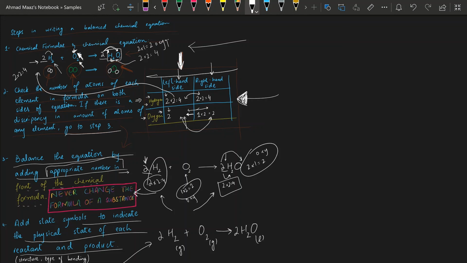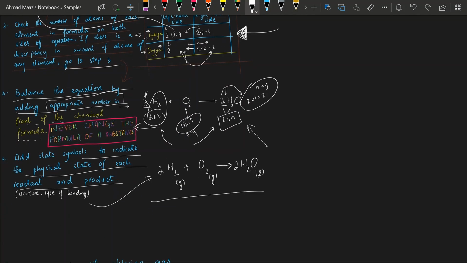You need to add or multiply with a few numbers, and then adjust all the atoms of each element. And finally, when you're sure that all the atoms of all the elements are the same on both the right hand side and left hand side of the equation, then you will add the state symbols.